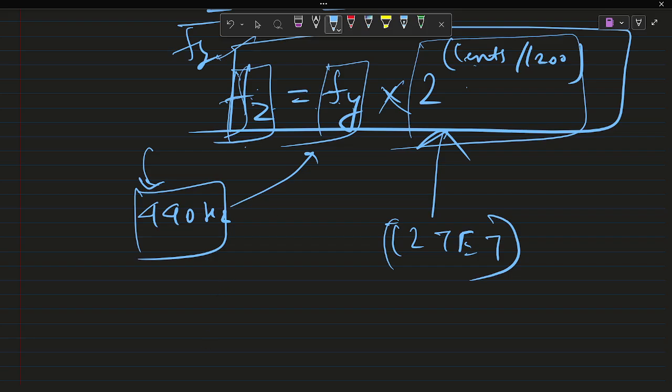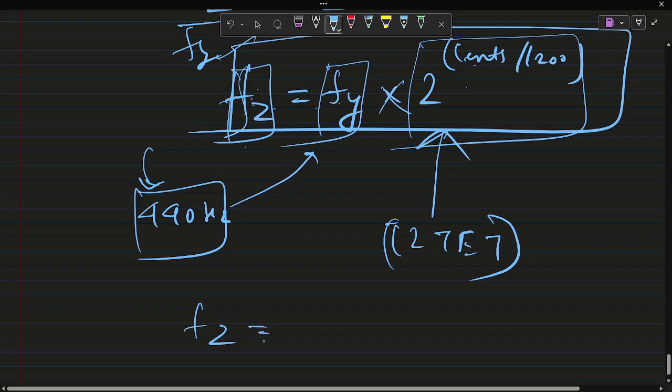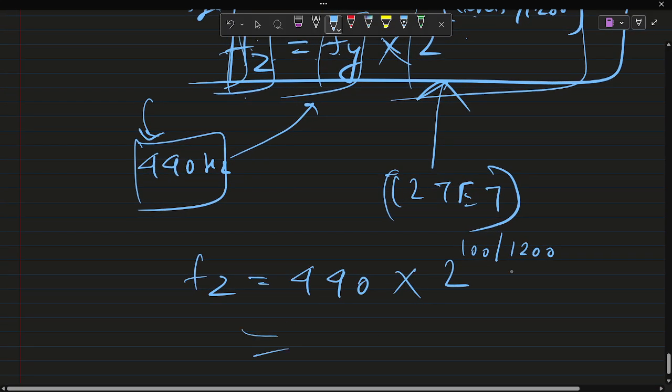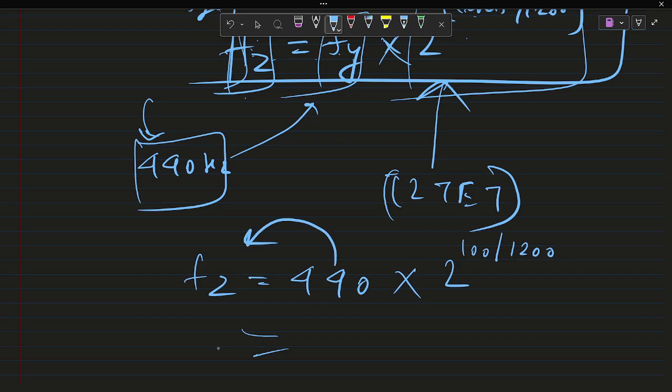So what do you have to do? One semitone up means fz is 440 into 2 power... One semitone means how many cents? 100 cents. So 100 divided by 1200. So this will be 2 power 1 by 12. Just calculate the value, and you will get the frequency of the next semitone from 440 hertz.